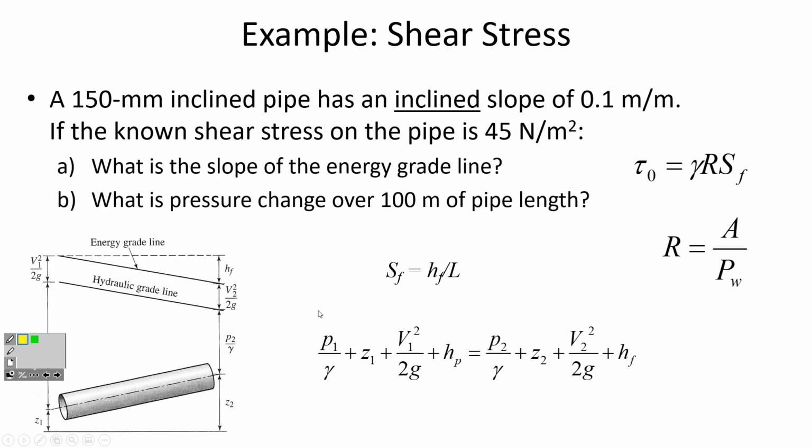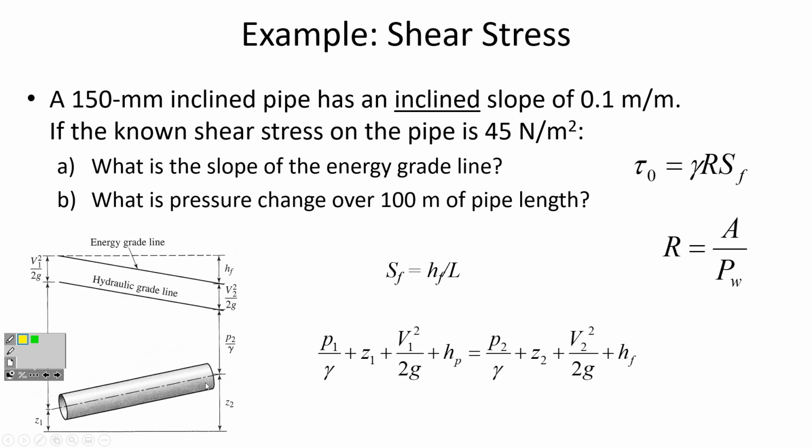Okay, so just to get some practice playing around with the ideas of shear stress, let's look at this example of a pipe that's inclined. So the water is flowing from the left to the right, but it's going upward through a pipe, which is possible in a pipe, but it's not possible in a river, at least not for very long, for water to flow uphill.